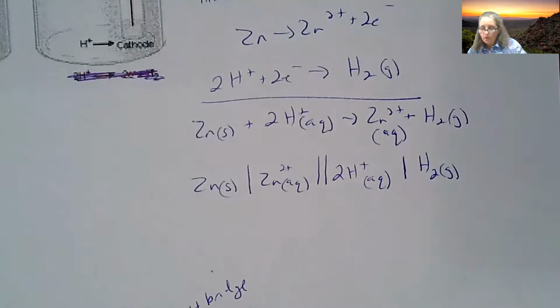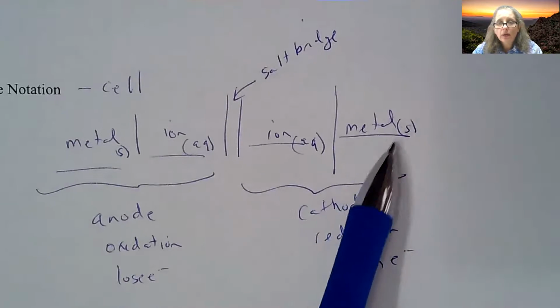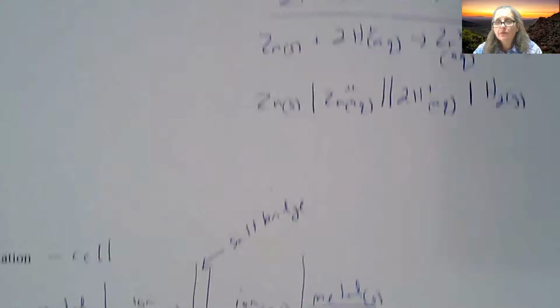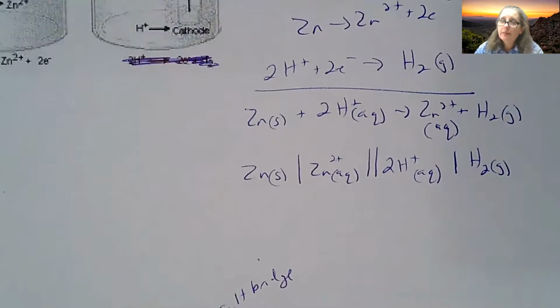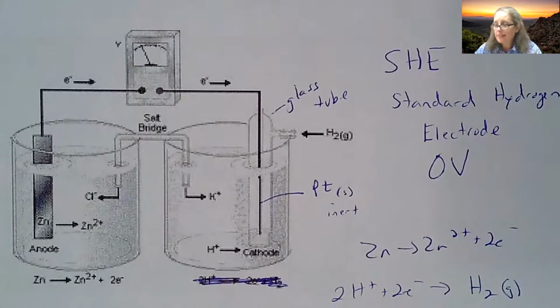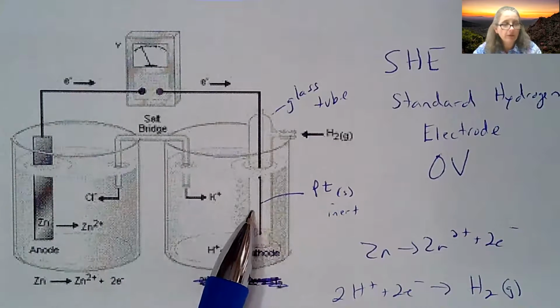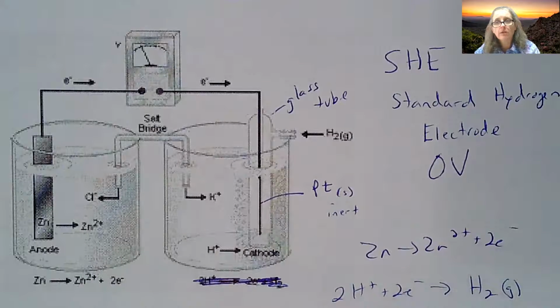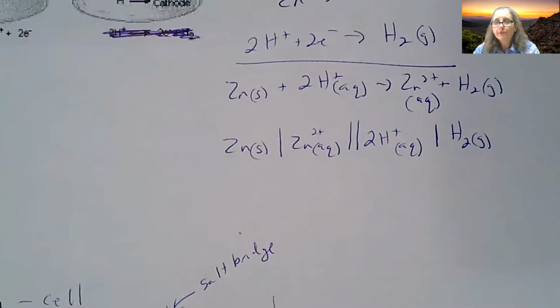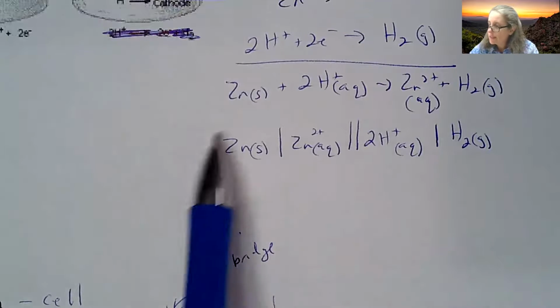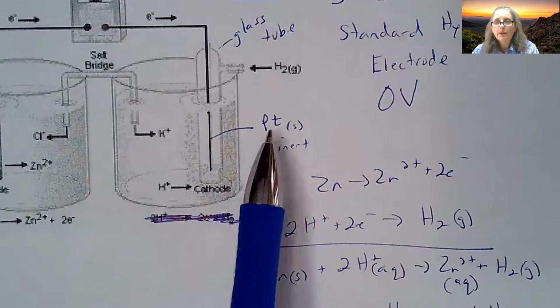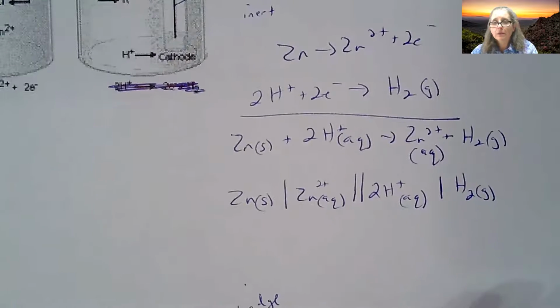The reason I'm doing this example is I need to have a solid on both sides for the line notation. For the setup, I need a metal in there in order to transfer electrons. That is why metals are so helpful, in that they transfer electrons very easily. Because I'm using an inert metal, I need to include that in my line notation.